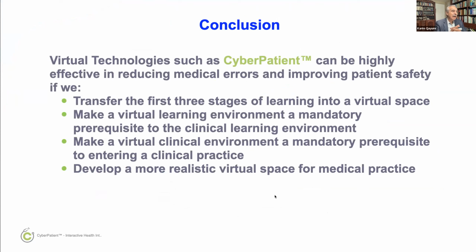In conclusion, virtual technology such as CyberPatient can be highly effective in reducing medical errors and improving patient safety if we transfer the first 3 stages of learning into a virtual space, make a virtual learning environment a mandatory prerequisite to the clinical learning environment, and make a virtual clinical environment a mandatory prerequisite to entering clinical practice. We're doing that now. Actually, EPA, Entrustable Professional Activities, is part of this. And we should develop a more realistic virtual space for medical practice.